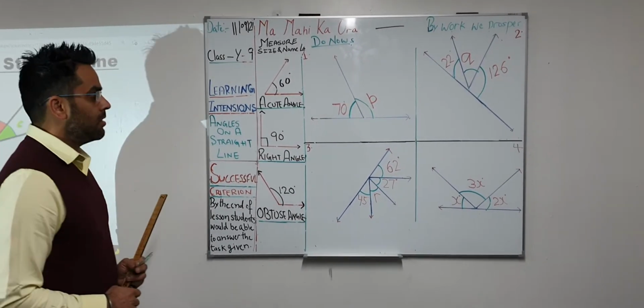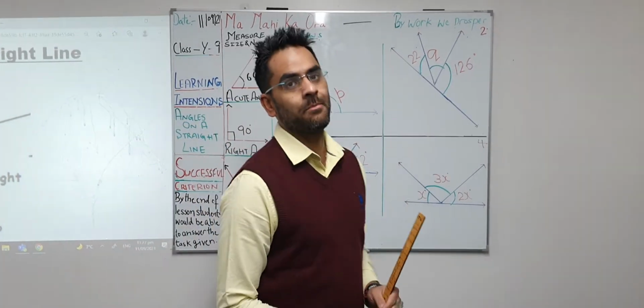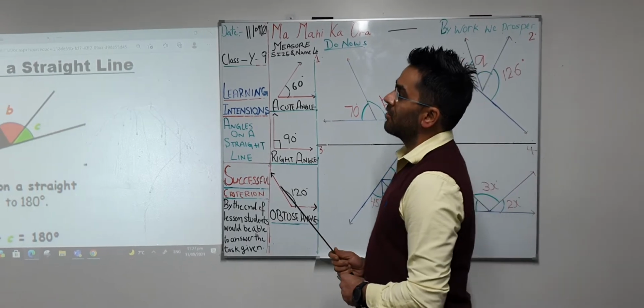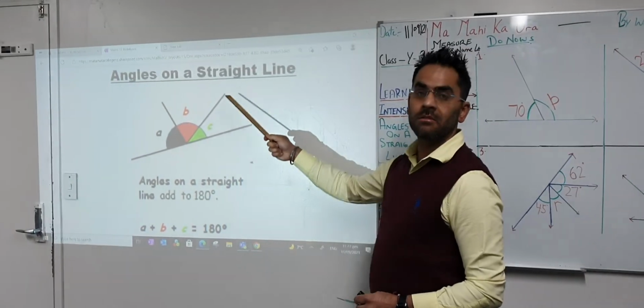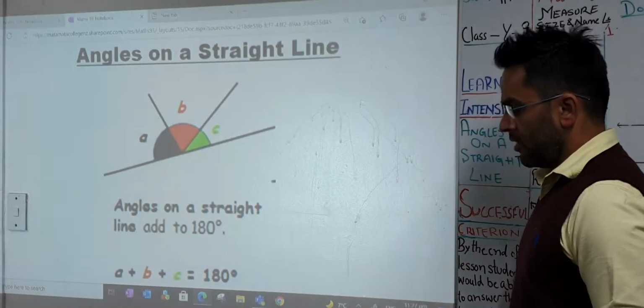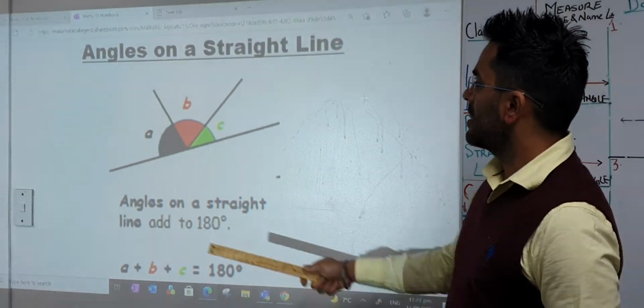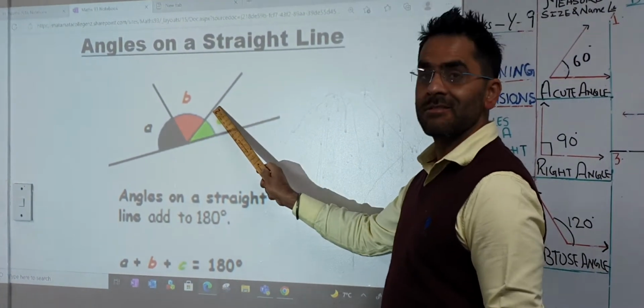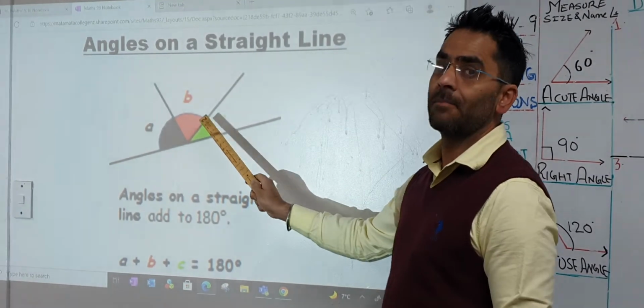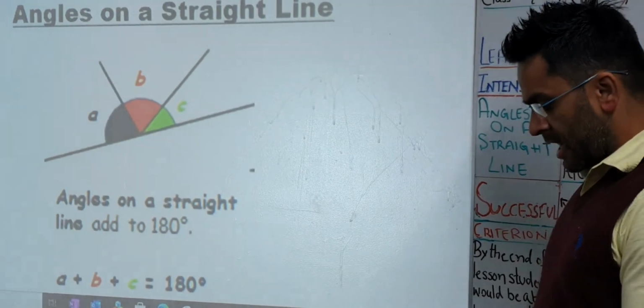Okay. Now, today we're going to move on to a second property of the angles. That is, we see on our projector, angles on a straight line. So you see there's a line and there are three angles, and the measure of these angles is 180 degrees if we add them up. So I'm going to give you a clue.